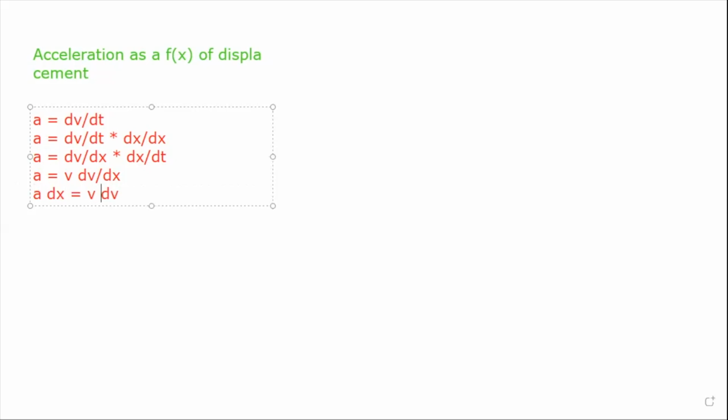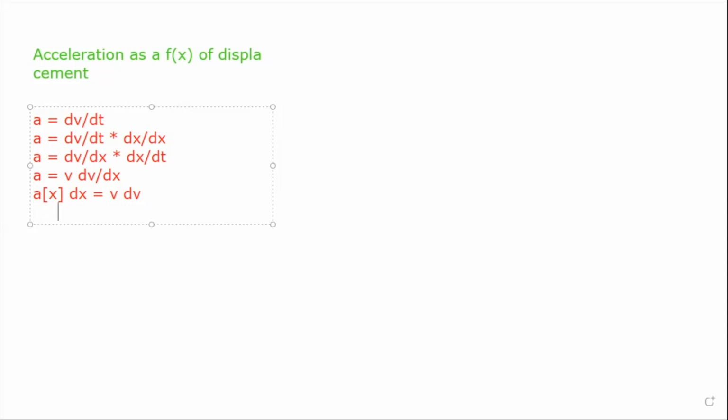Notice how, in order for this to work, we now need acceleration as a function of displacement, which originally we were given. That's really interesting. And this v dv, if you don't realize what that might be right away, just think about it as taking the integral of x with respect to x.